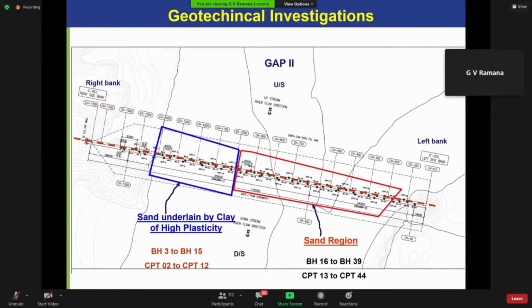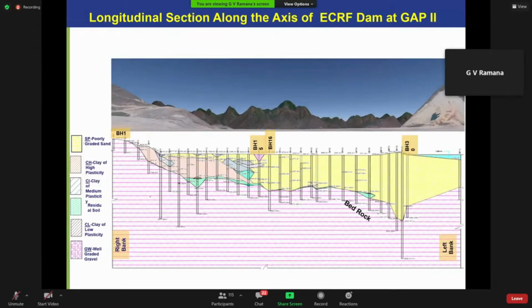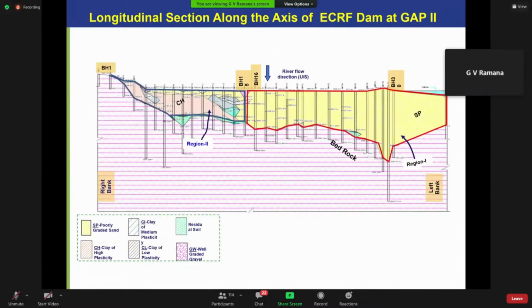Based upon the geotechnical investigations, the main Gap 2 dam is partly sitting on a sand region and partly sitting on a clay of high plasticity. I will just show you the profile. This is the Google Earth image, and the dam is going to sit across here. This is how the data looks, from a bunch of SPT, ECPT, and tests done by CSMRS and some other companies.